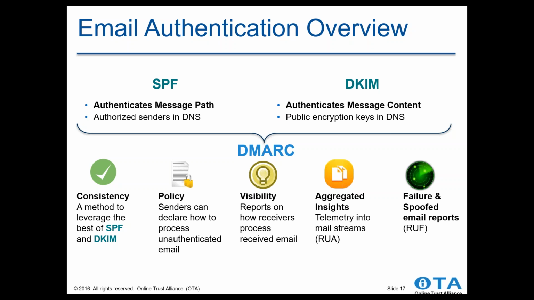But it also gives you visibility, because you can ask for reports back from those receivers and say, did my authentication pass or fail, and give me some specifics about that, either in an aggregated sense or a message-by-message sense. And that allows you to both fine-tune your own authentication or look at people that might be trying to spoof your domain, pretend to be you.